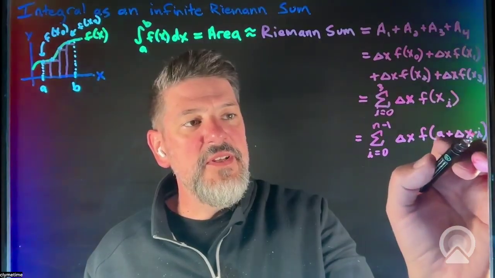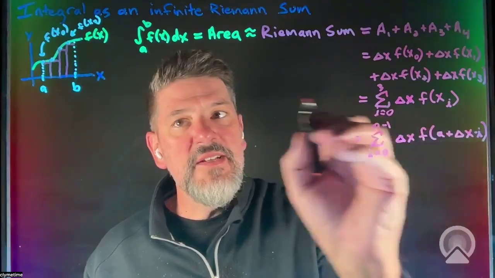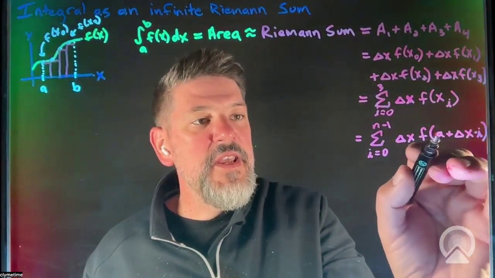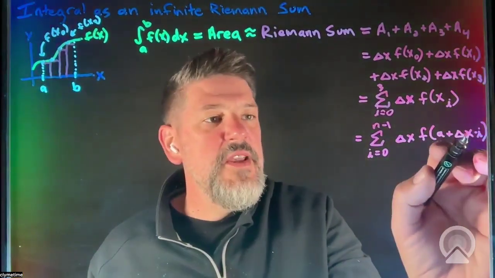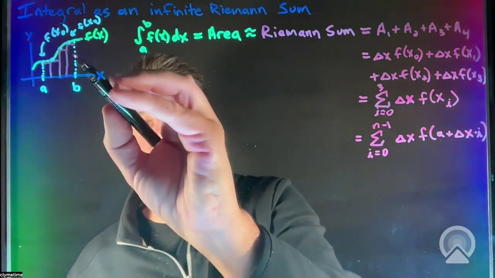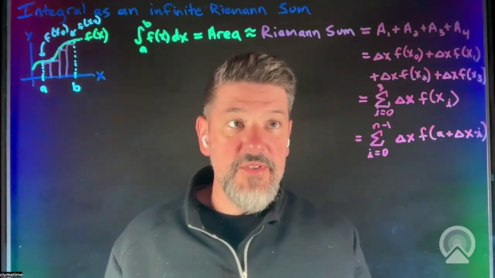So I start at a when I is equal to 0. And then when I is equal to 1, I'm a plus delta x, which means I'm 1 delta x over. And then when I equals 2, I'm a plus 2 delta x's, 2 delta x's over. When I is equal to 3, I'm 3 delta x's over. So 1, 2, 3. And that's actually my last function value. So this is what our formula looks like.